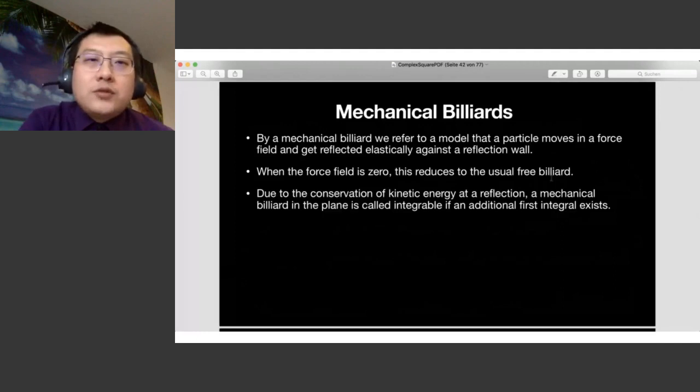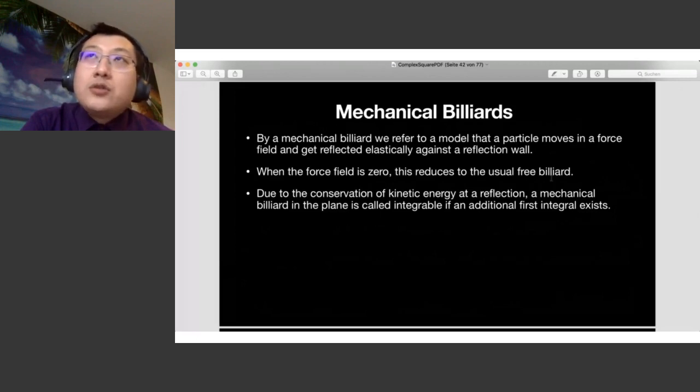And for all these mechanical billiards, one observation is that because of the elastic reflection law, the angle of incidence equals the angle of reflection, and therefore the kinetic energy does not change at a reflection, because the norm of the velocity does not change, while only the direction of the velocity changes before and after reflection.